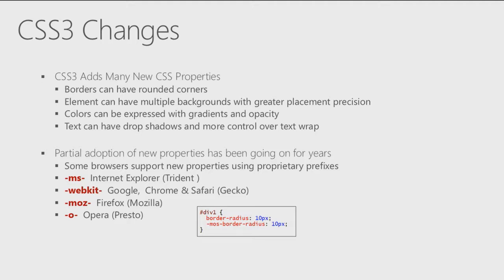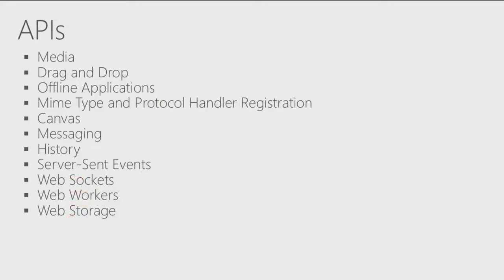But what we're here to focus on primarily are these APIs. So here are the APIs. We're not going to do every single one of the ones on this list. But when we talk about the APIs, what this is, is new browser-based functionality that you can access using JavaScript.